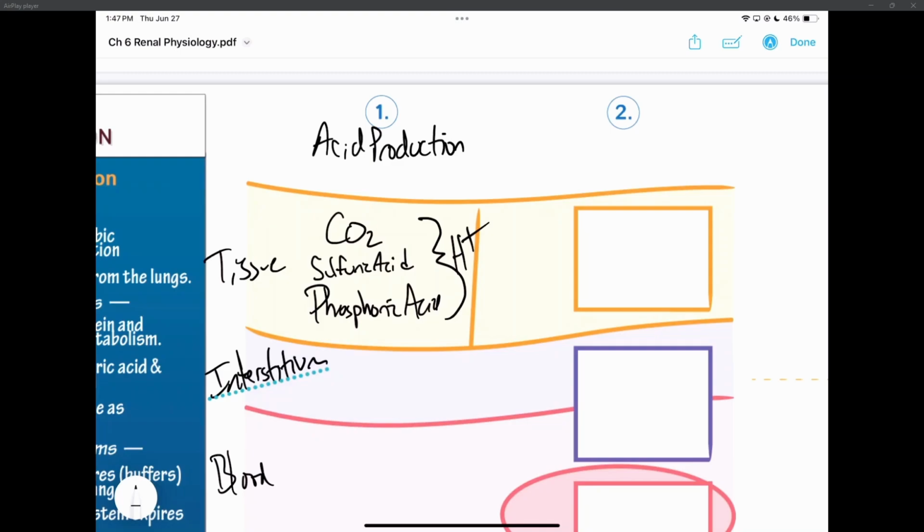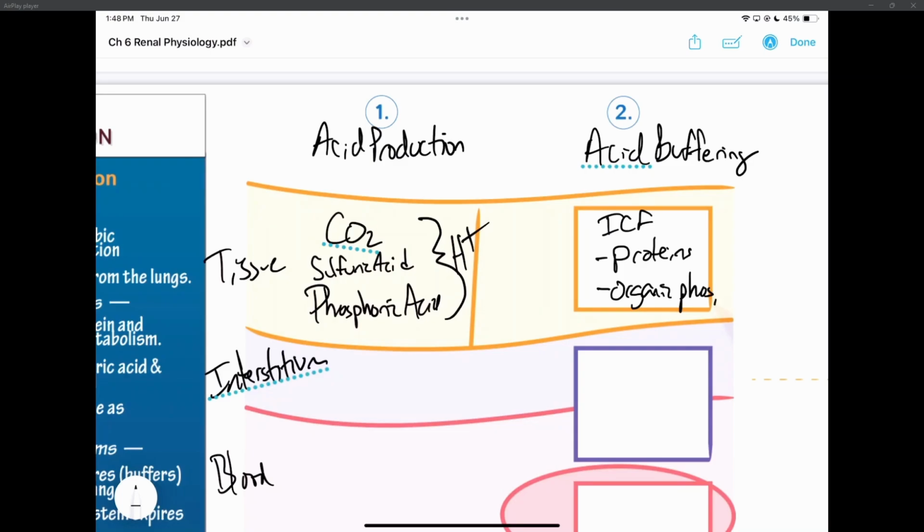Then in the second part, we have acid buffering. How do we buffer? In the intracellular fluid, we can buffer it with proteins and organic phosphates.